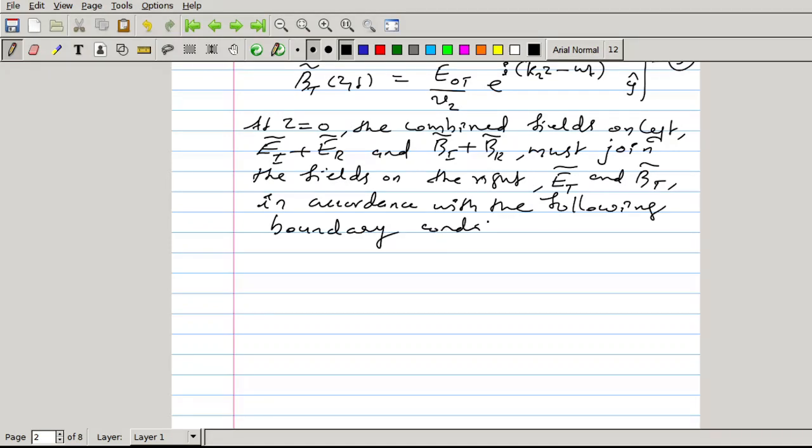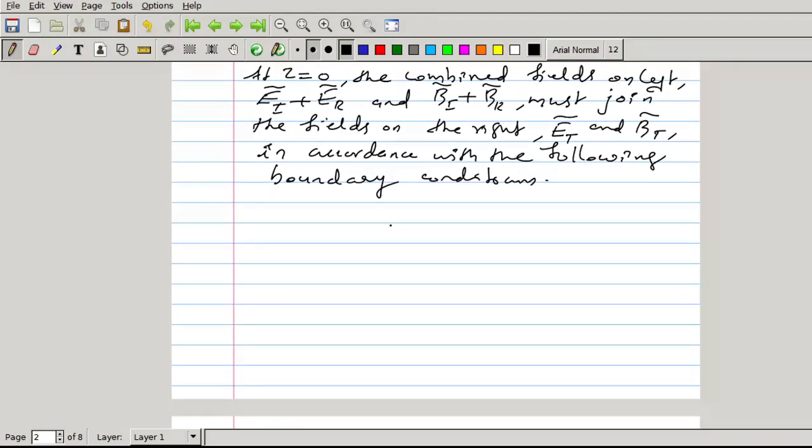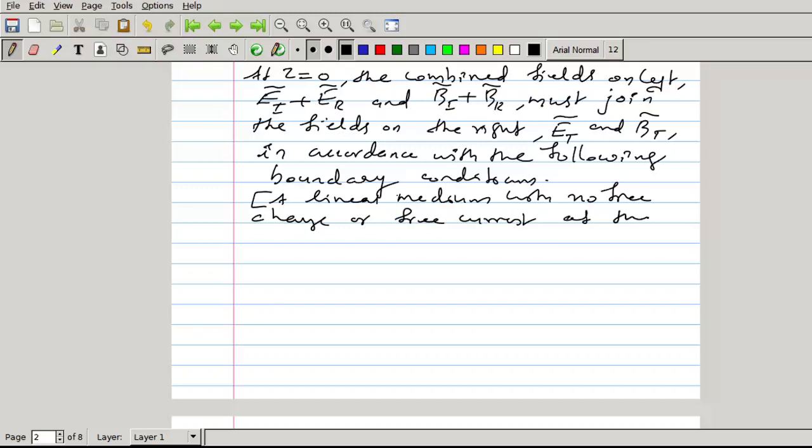Boundary conditions. We have already discussed the boundary conditions. What are the boundary conditions? Here the medium is linear and there is no free charge or free current at the interface.